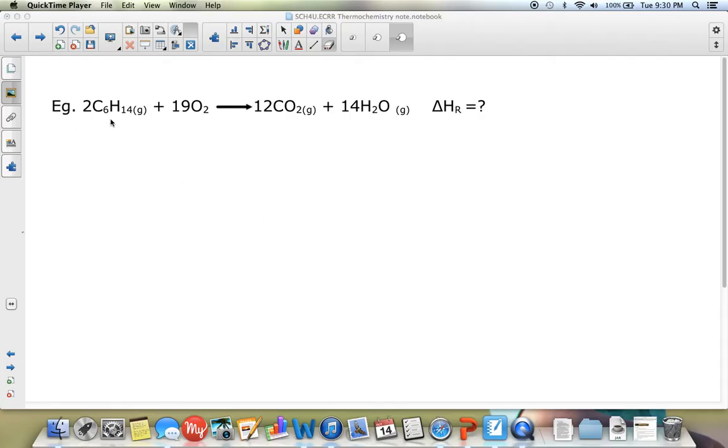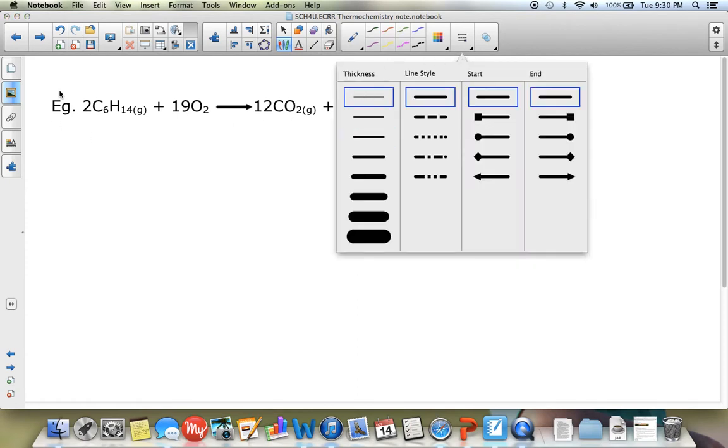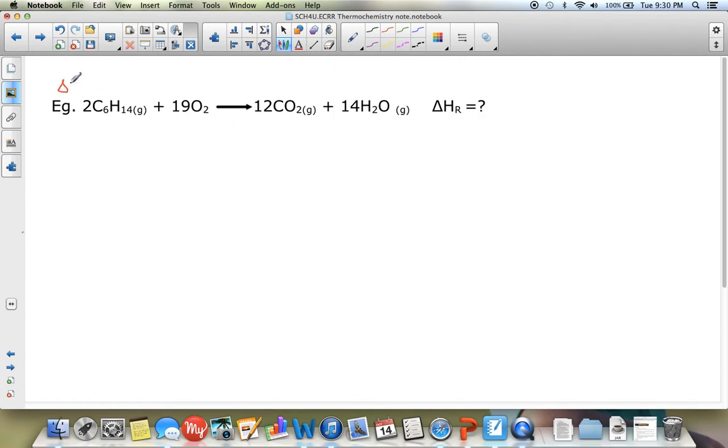This time we're reacting hexane with oxygen to get carbon dioxide and water. We want the heat of reaction using standard heats of formation, so you need the standard heats of formation. Standard heat of formation of hexane, that's your C6H14, is equal to negative 95 kilojoules per mole.